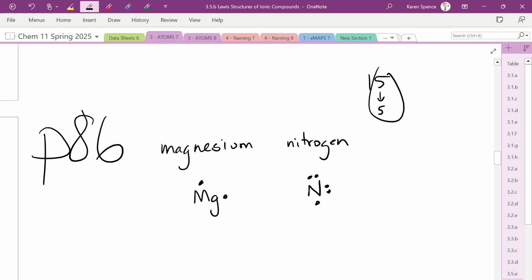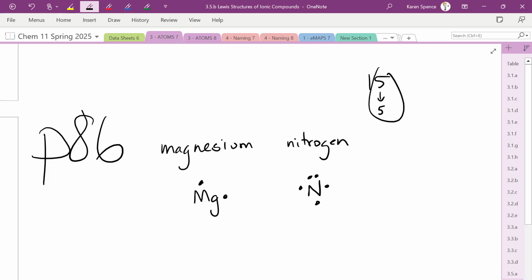Yes? No? What's wrong? What did I do wrong? I should not pair up here until I have one over on the left. Okay, so I need to have something in every space before I pair up.